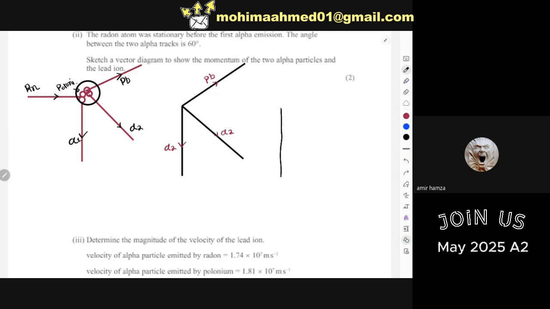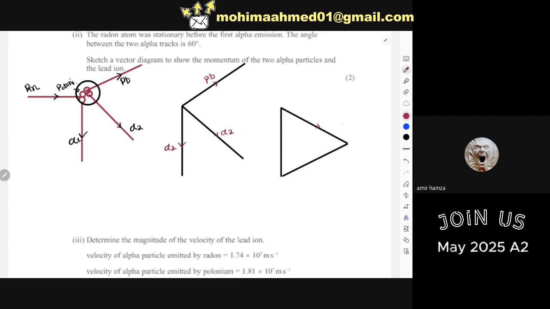This is your alpha 1, vertical. This is your alpha 2, 60 degrees inclined from the vertical. And this is your lead direction, which was over here, but I only changed the position to the very bottom, rearranging it to make a closed, not exactly right angle, triangle diagram.